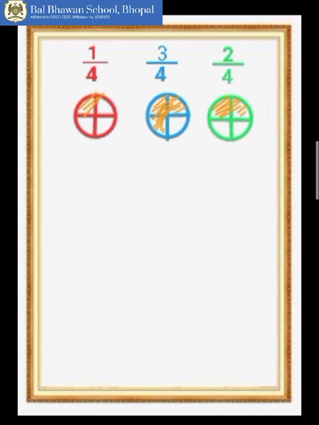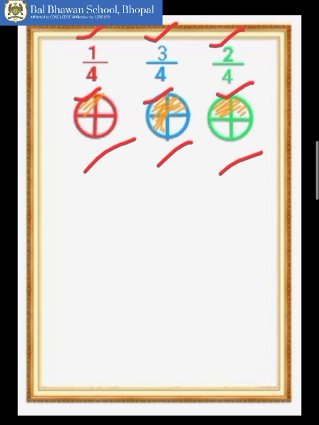As you can see, children, these are the pictures representing fractions 1 by 4, 3 by 4 and 2 by 4. As here 1 is the numerator, so only one portion is shaded. 3 is the numerator, so 3 portions out of 4 are shaded. 2 is the numerator, so 2 portions out of 4 are shaded.